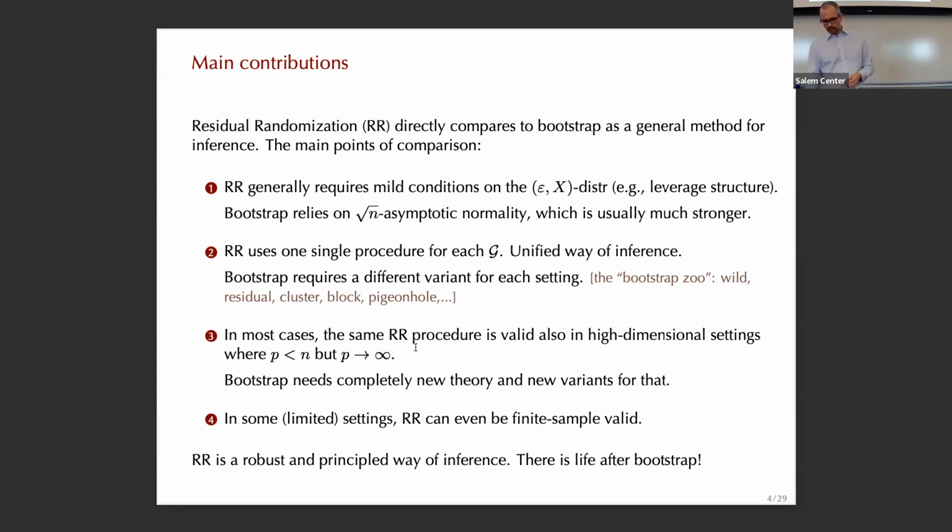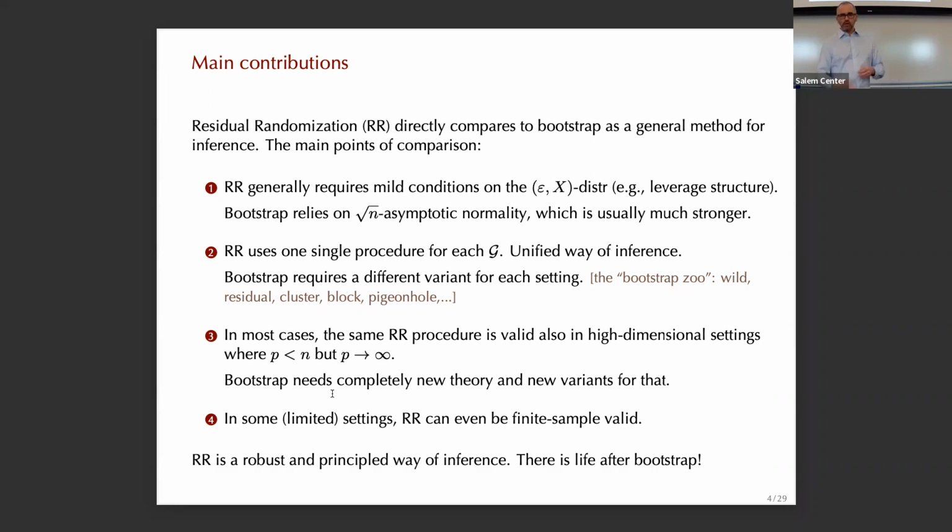And in most cases, actually, what's more of a new result, which makes me generally excited, is that the residual randomization procedure can also be valid in high-dimensional settings. In the sense that the exact same procedure is valid when p is less than or equal to n, like the dimension of the features is less than the number of data points, but still we allow for the number of features to grow.